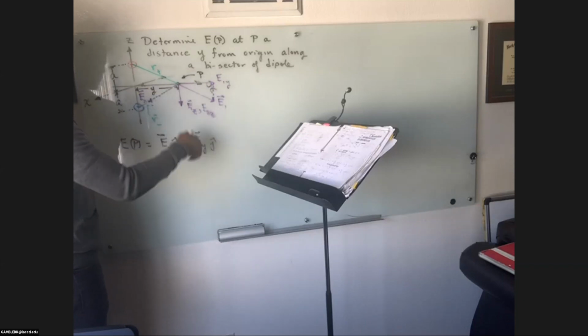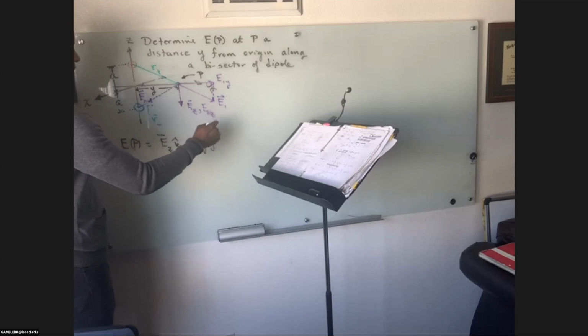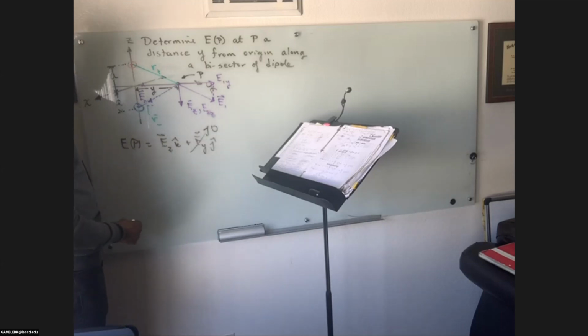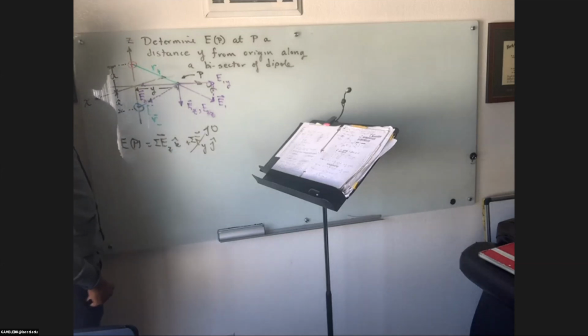But by symmetry, I can go ahead and cancel all the y components out, and I'm only going to be left with the components adding up along the z direction.